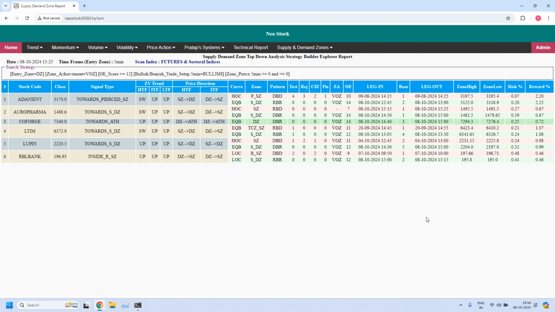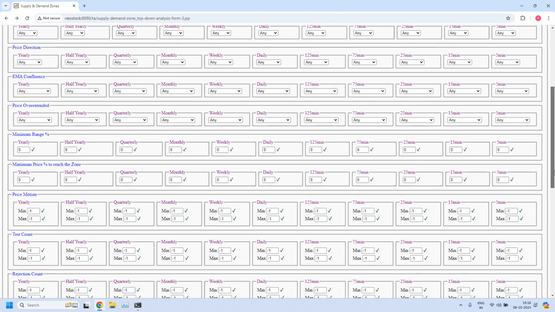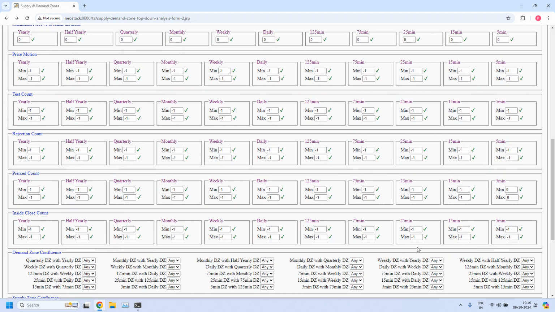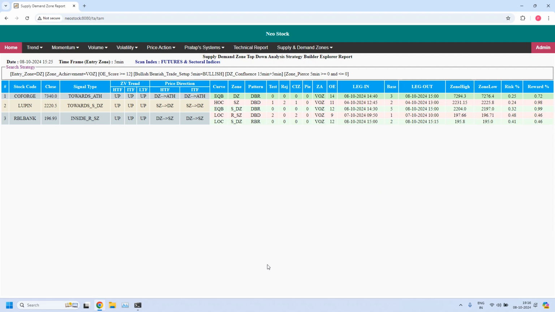Let's check out of these 6 how many are having ITF confluence. That means 5 minutes demand zone should be part of the 15 minutes demand zone. So let's go back and let us add the filter demand zone confluence. That is a 5 minutes demand zone with 15 minutes demand zone confluence. Let's verify. 3 stocks are filtered.